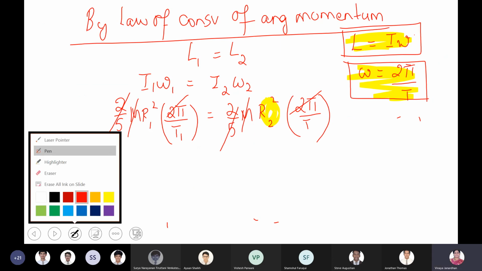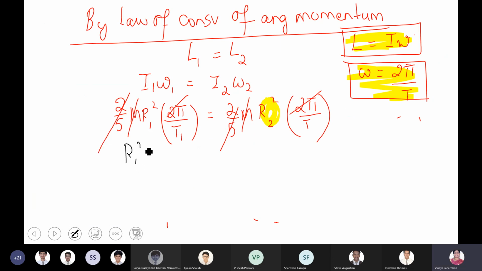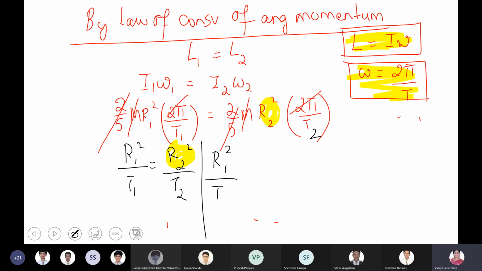So now here, R1 squared by T1 is equal to R2 squared by T2. This is your first step. Now I have to replace R2 by R1. So R1 squared divided by T1 is equal to R2 squared, which I can write as R1 squared by 4, correct? Divided by T2. I'm replacing R2 squared in terms of R1 squared.